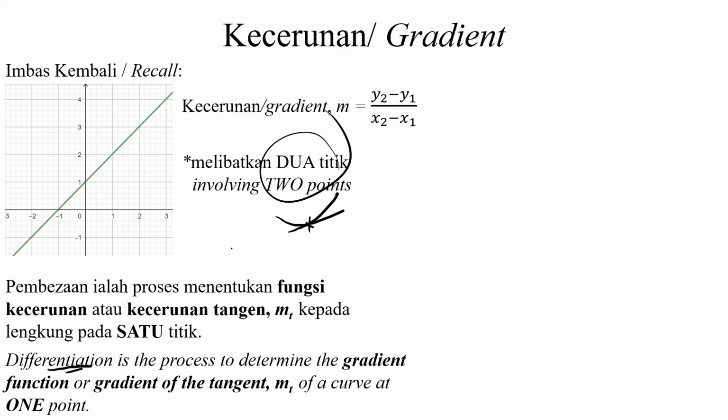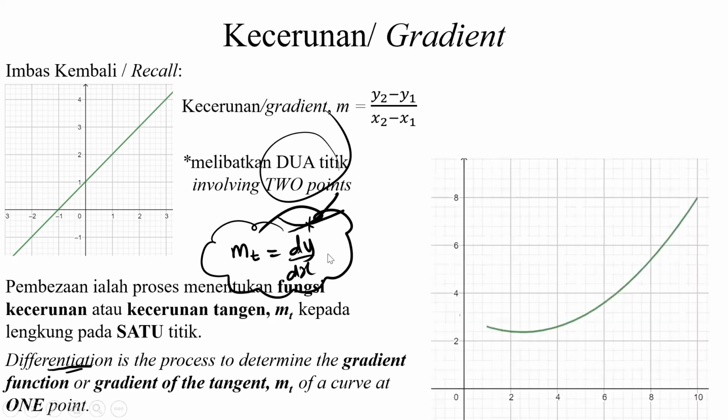Differentiation equals the gradient of the tangent. So you remember this one. This is a very important concept. It will also become our first application of differentiation. Are you all okay? Again, what has it got to do with the concept of limit?